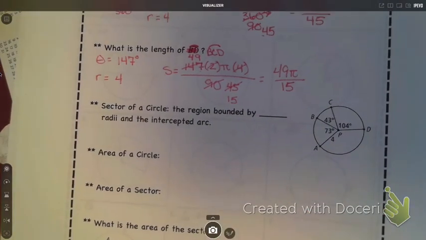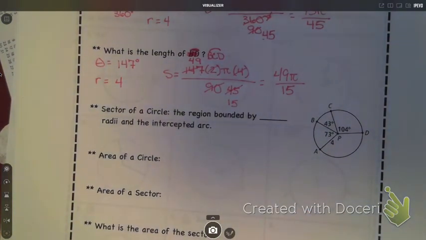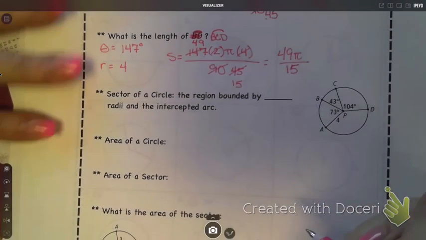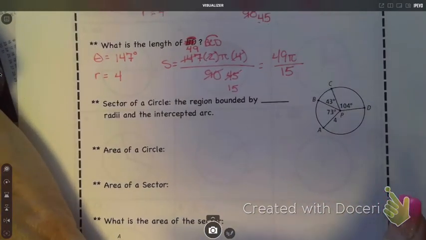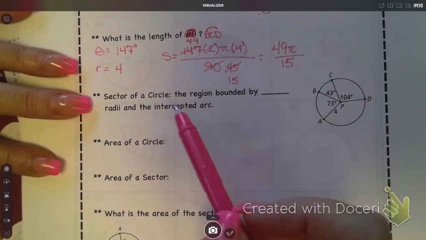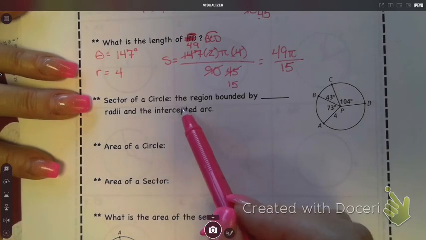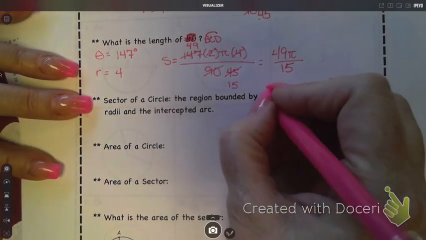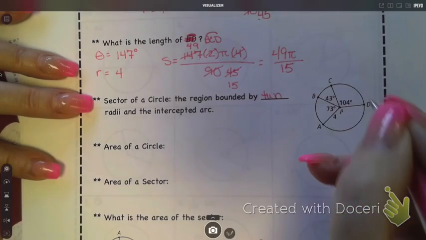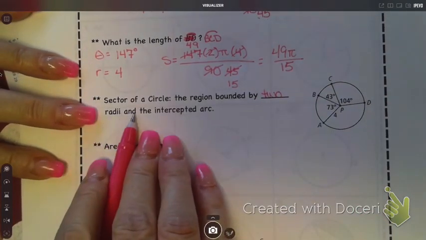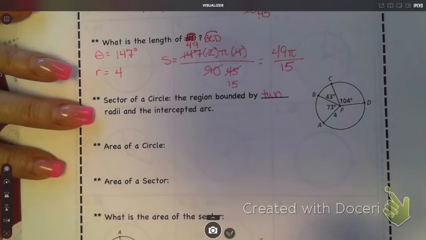So today we are going to go on and do area. So, a sector of a circle is the region bounded by 2 radii and the intercepted arc.